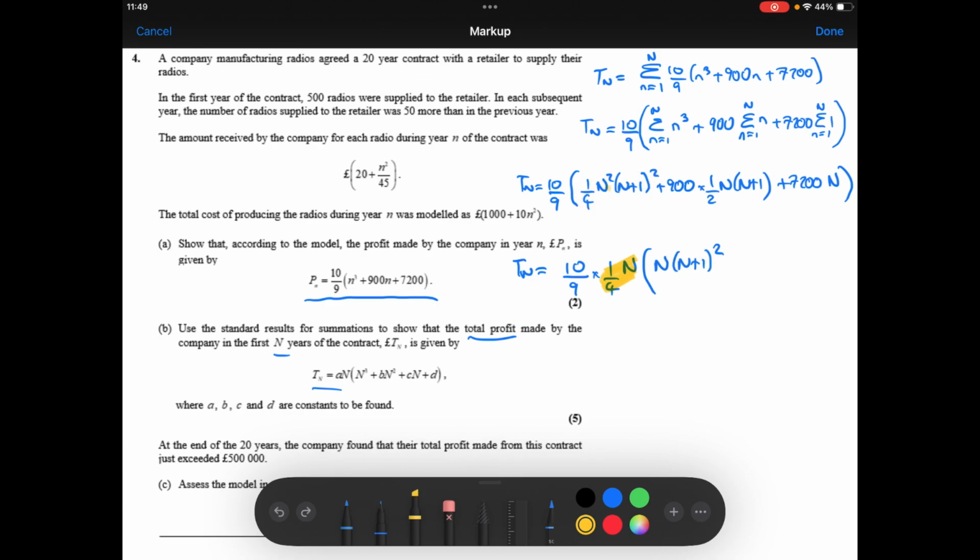In the second term, we've still got the 900. There will be a 2 and there will be an (n plus 1), because this times this is this.